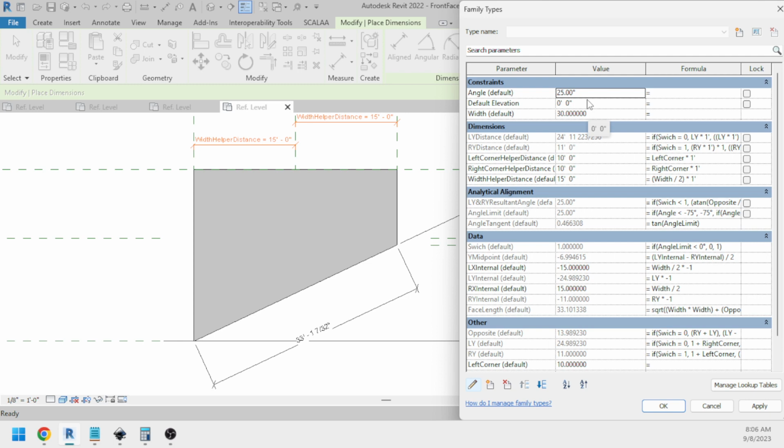The parameters of this phase that will be included in the D-box family and handled by the architect are the angle parameter, the width parameter, and the default elevation. Actually, default elevation shouldn't be handled by the user. So how does this work? I'm going to continue my explanation.